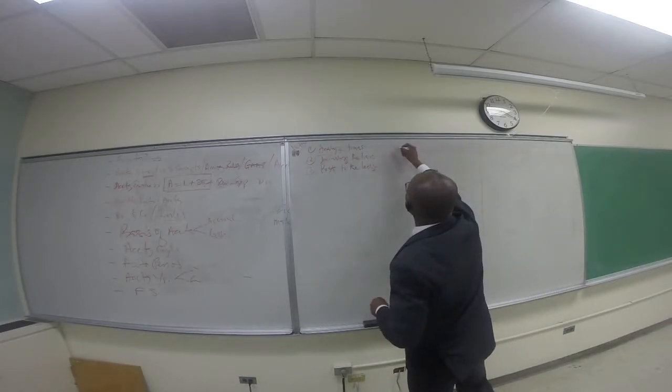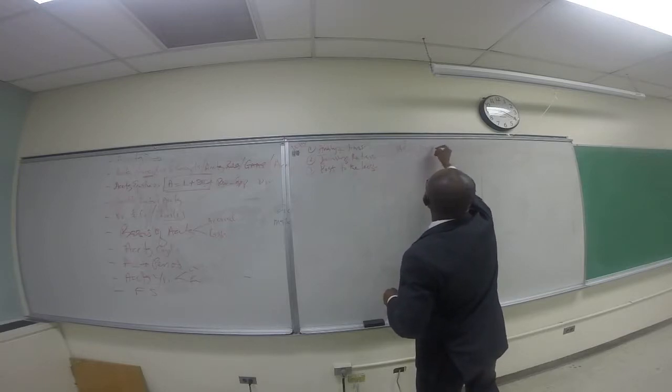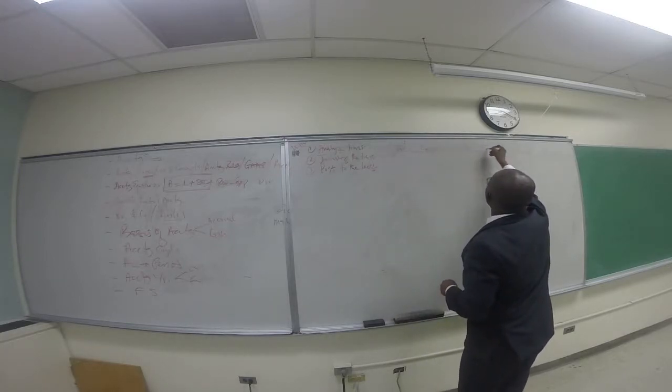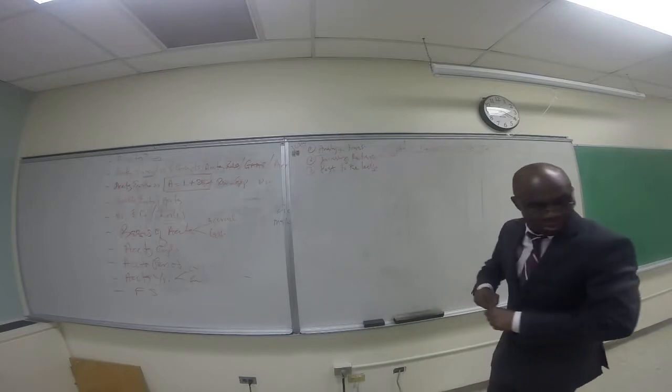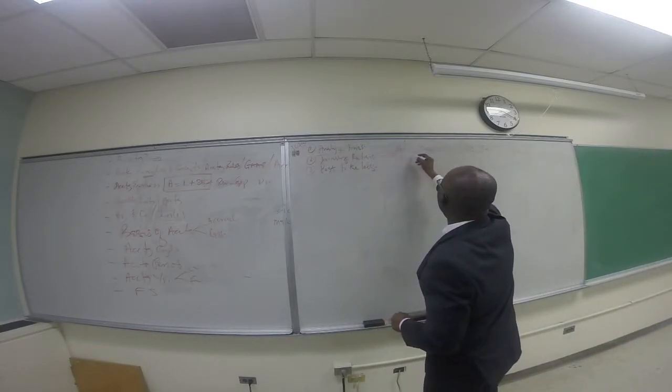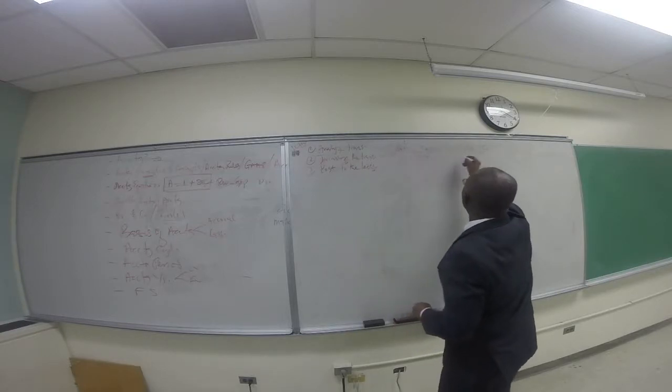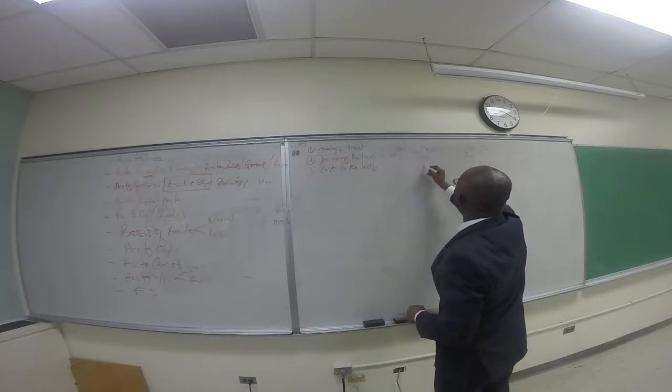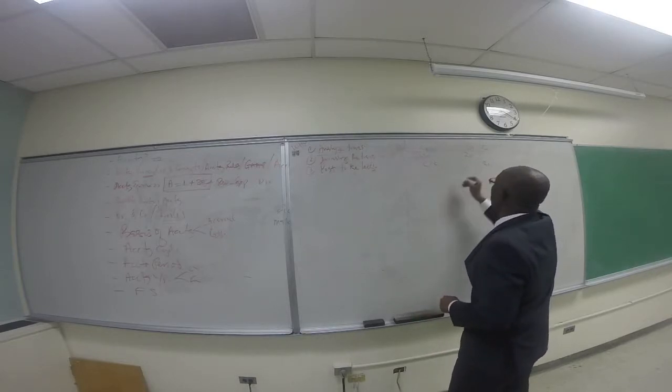So quickly, remember in Principles of Accounting, this is how a journal looks. We have the date column, description, debit, credit. Remember this? So quickly, cash 30, common stock 30.